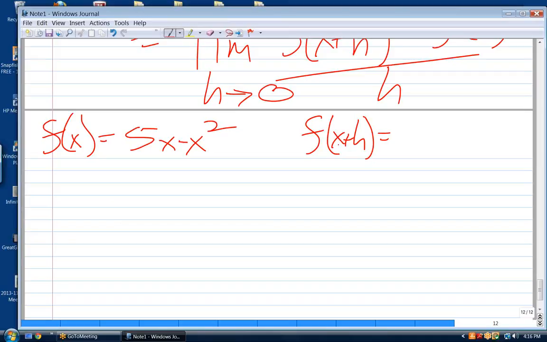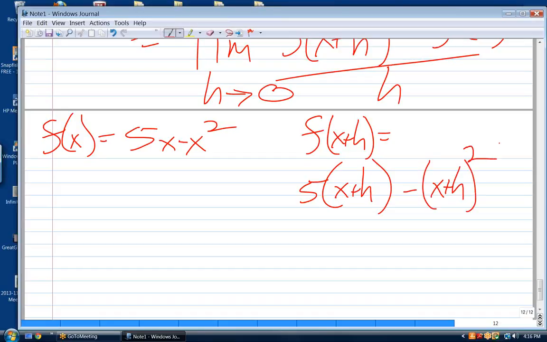Anything that's inside the parentheses, we plug into x. So it would be 5 times x plus h minus x plus h squared. So that's f of x plus h.